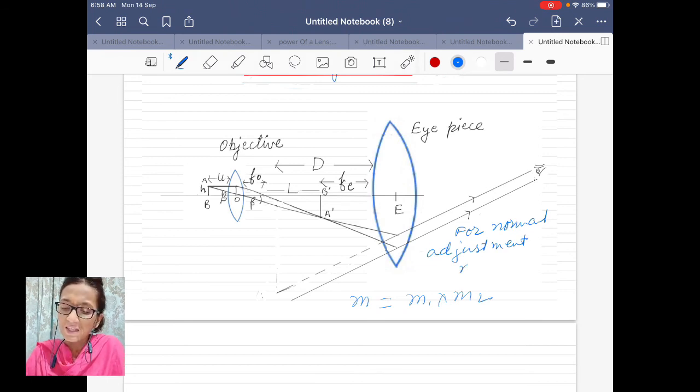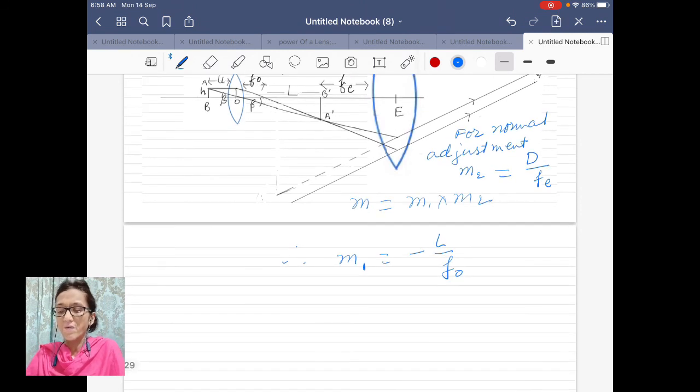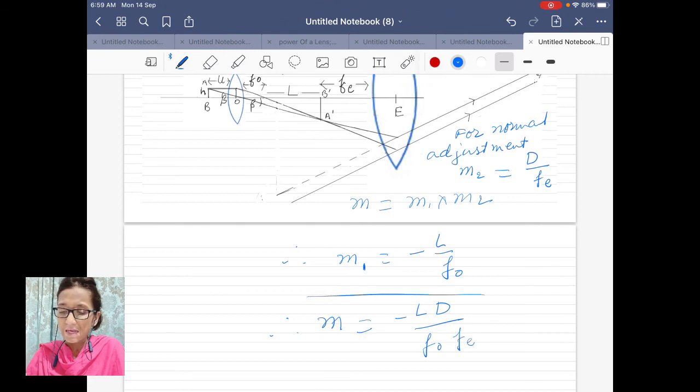So for normal adjustment we have just obtained M2 is equal to D by focal length, and the focal length of the eyepiece is FE. So net magnification we can obtain in terms of M1 and M2. M1 we have just obtained: M1 is equal to minus L by FO, and this M2 is equal to D by FE. Therefore net magnification is equal to minus LD upon FO FE.